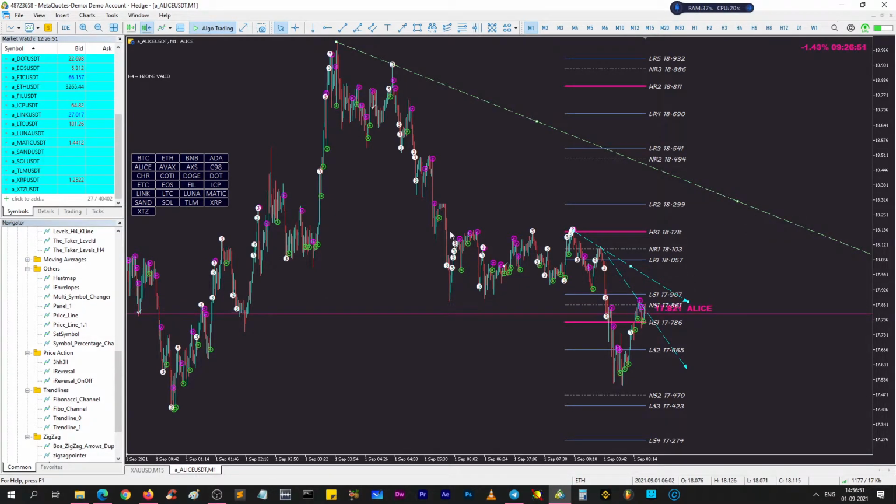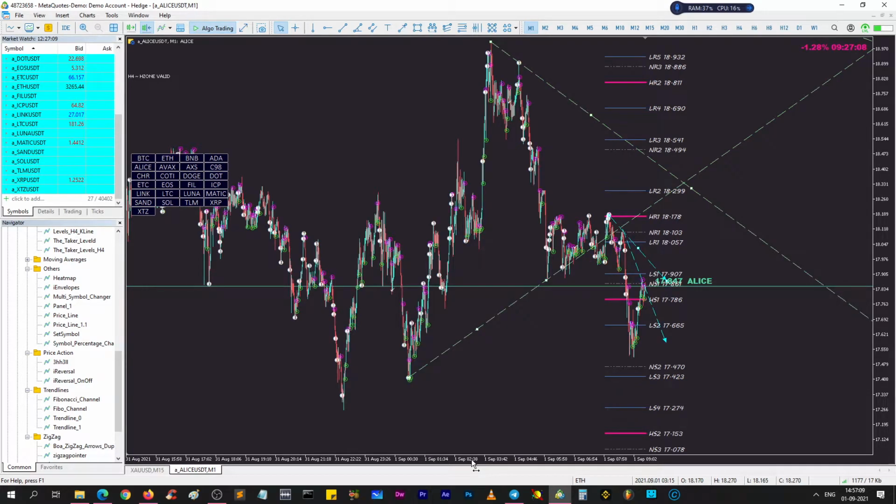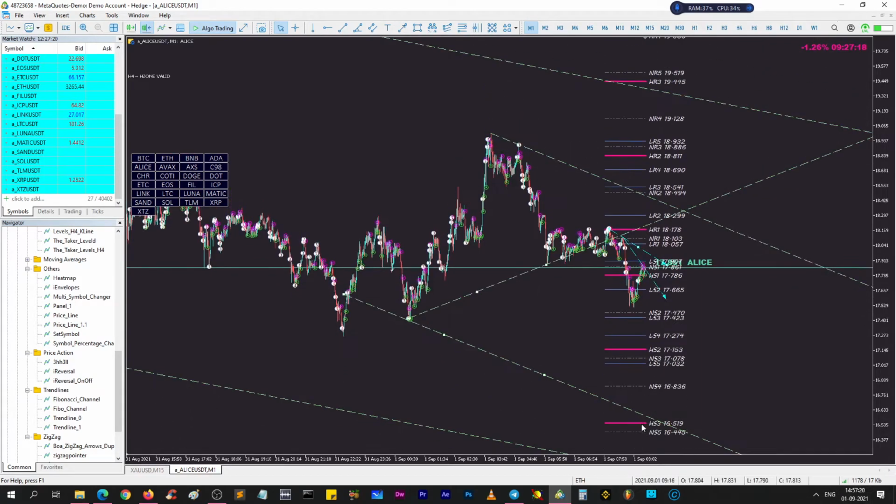Okay, another thing is, if we keep the distance like this, then this line and this line. Here you see what happened. Price, as soon as it breaks this line, it worked as resistance, and price went down. So when price broke this line, what we can expect is price may fall to this HS3 most probably.